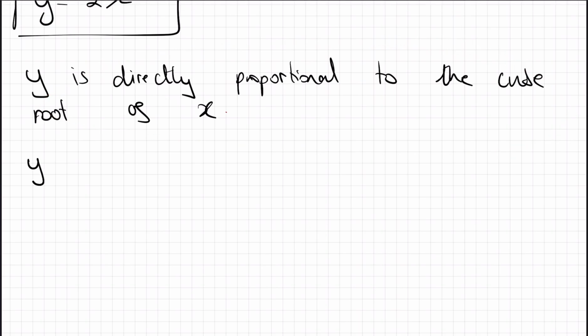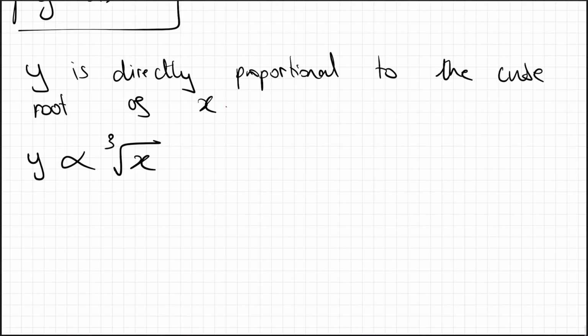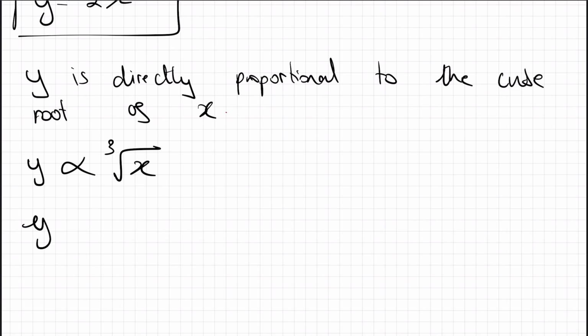So y is directly proportional to the cube root of x. Now we need to put in k, so let's replace this with equals and then times k. So y is equal to k times the cube root of x.